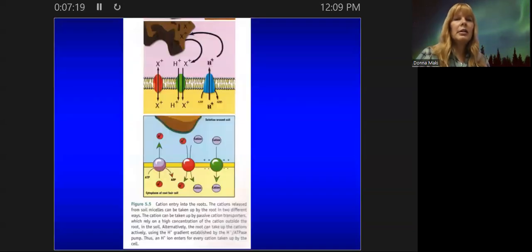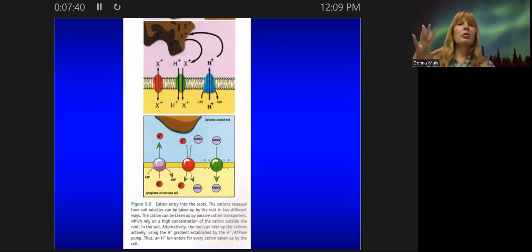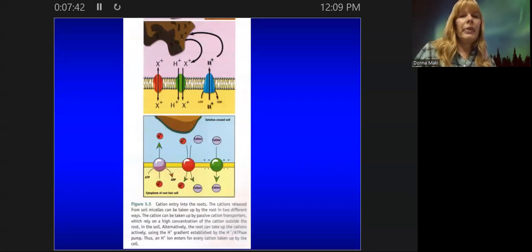Here's another. Oh, and then here we're looking at the idea where the plant, so here they're trying to show how the plant is releasing the protons. So this is the plant root, and it's releasing the protons that can then do cation exchange. Okay, so they're just trying to show that mechanism.